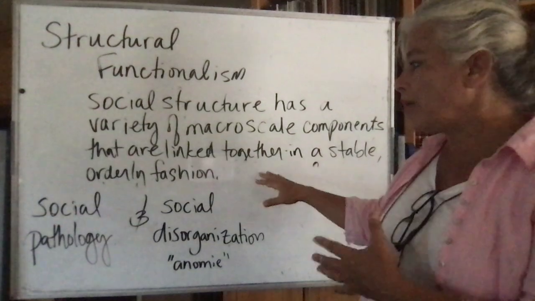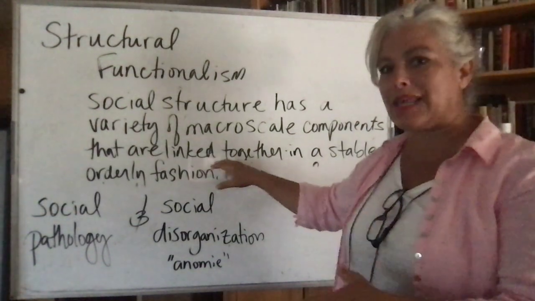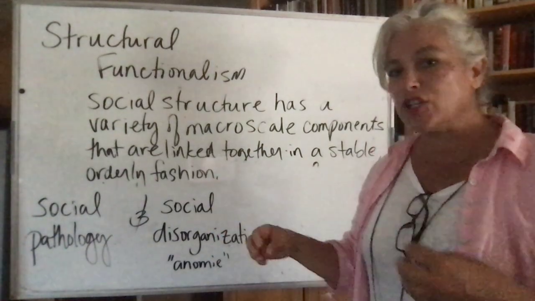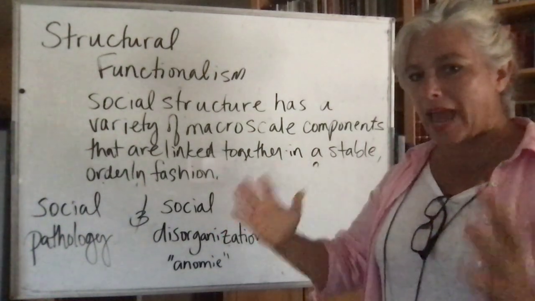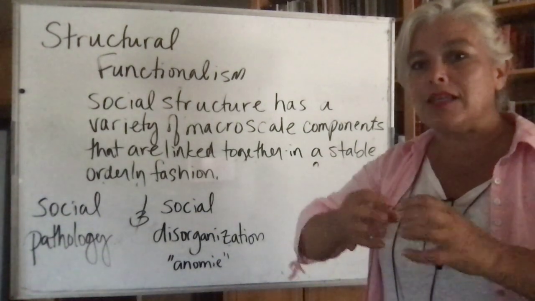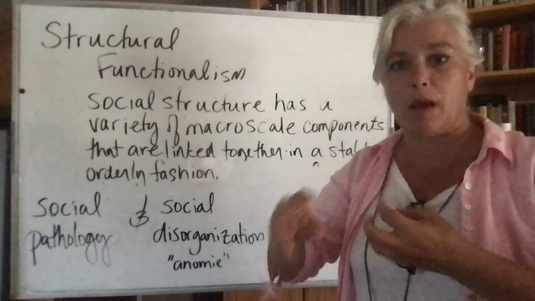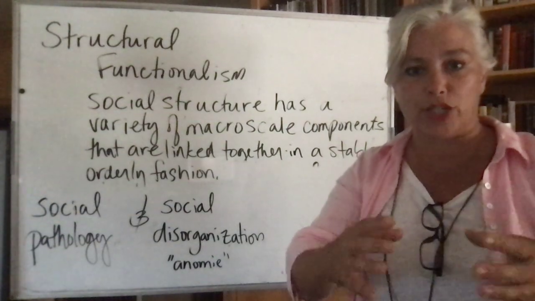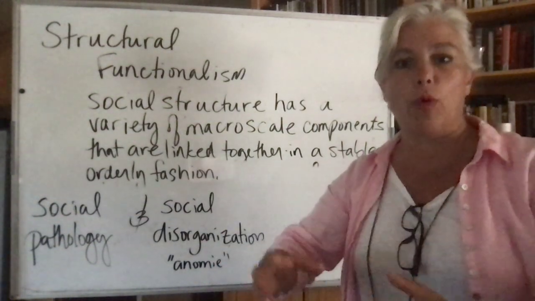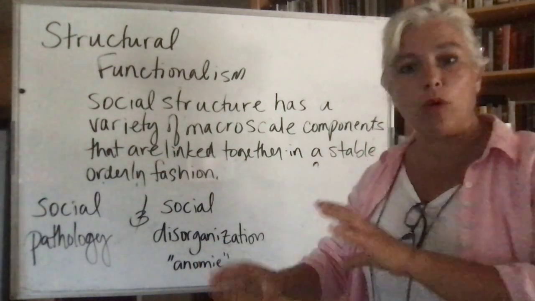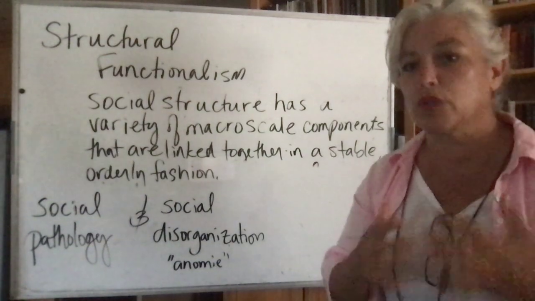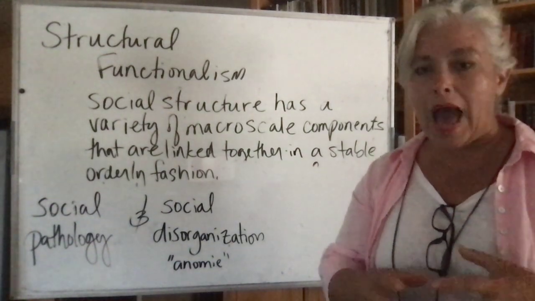And so when we look at the ways that they are linked from a functionalist point of view, functionalists say that this stable, orderly way they are linked constantly changes and morphs based on the new generation of people that are passing through it. As a new generation passes through, there will be changes and morphing that happens to those traditional social institutions.